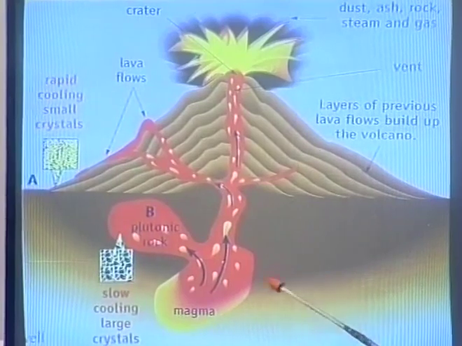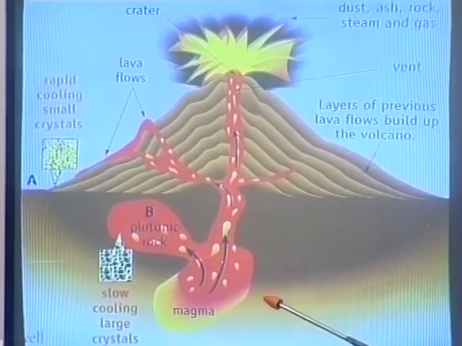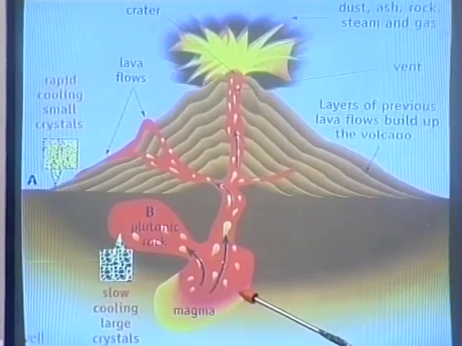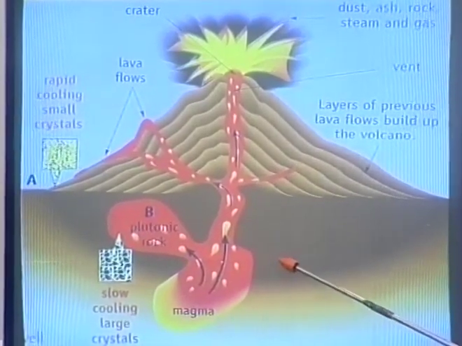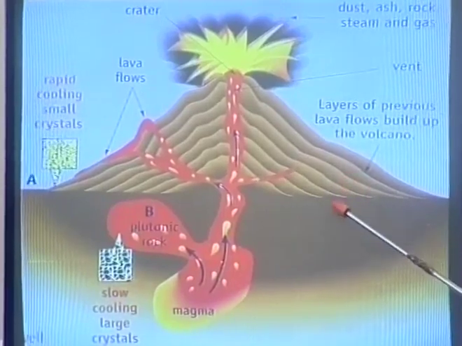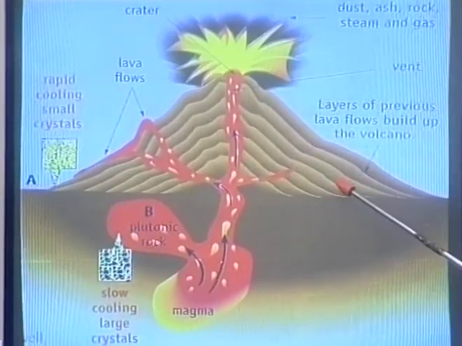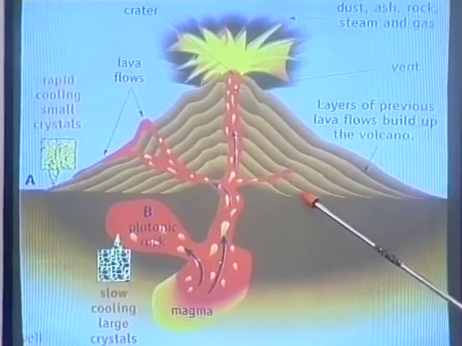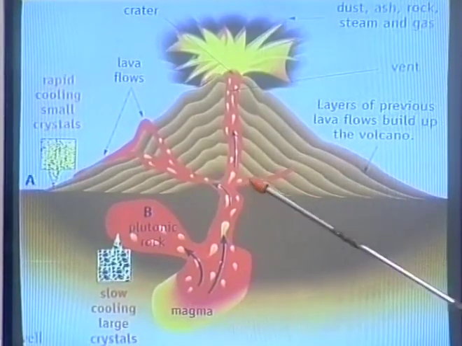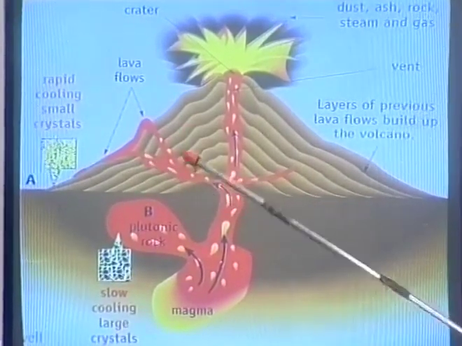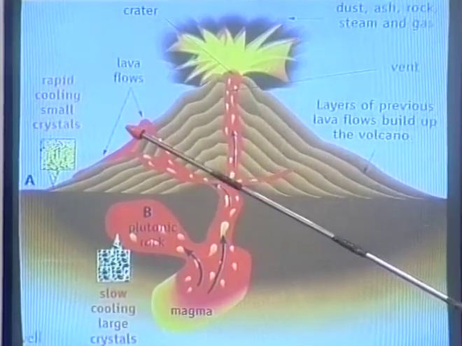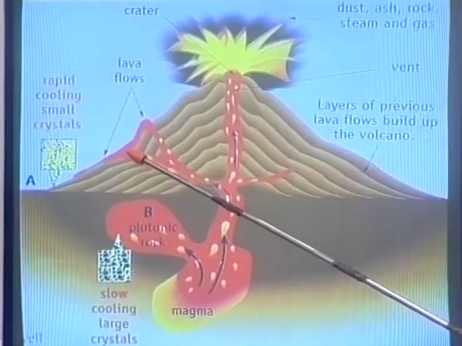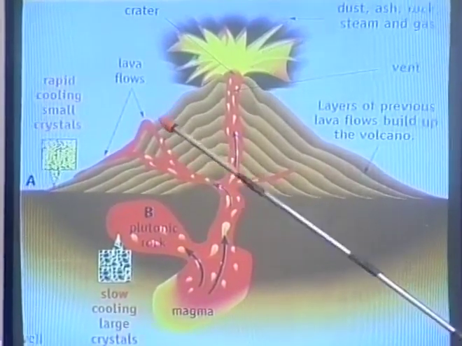Now, when magma becomes so hot, it looks for weak spots in the earth crust, and when it finds its way out of the crust, it flows out, and once it comes out, that liquid is known as lava.